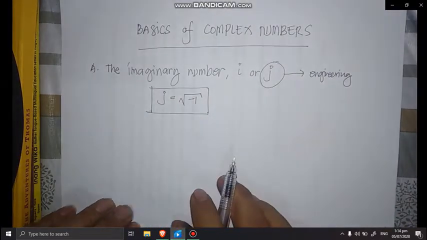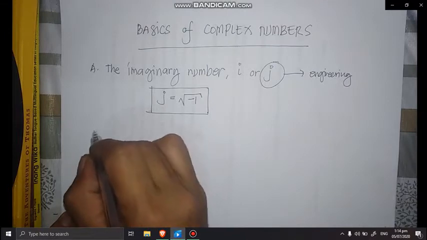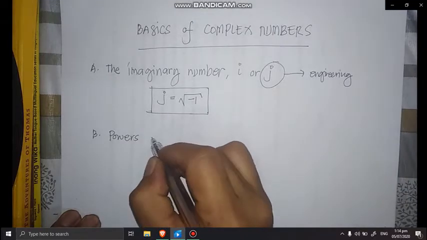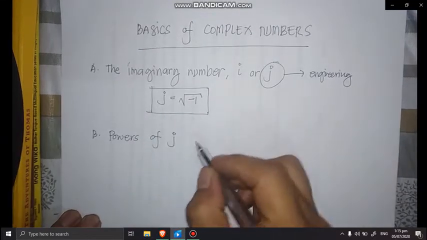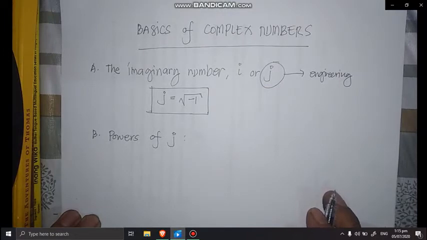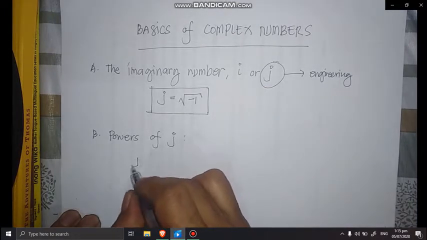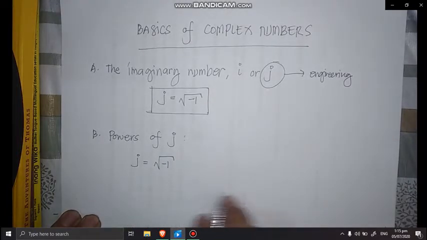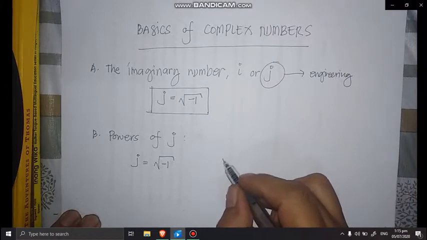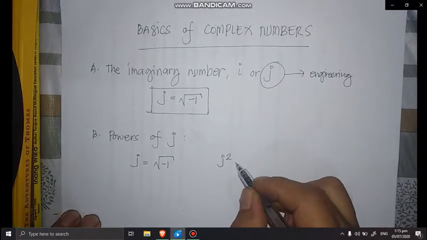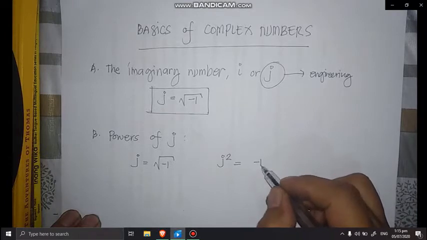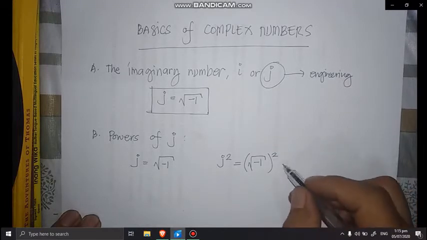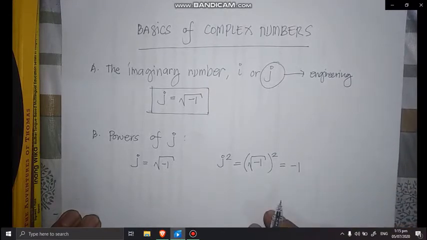What if now we will let J raise to a certain power? Our next topic is about the powers of the imaginary number J. Recall that J is equal to the square root of -1. Now, if I'm going to raise J to the power of 2, the result will be the square root of -1 raised to 2, and that becomes -1.